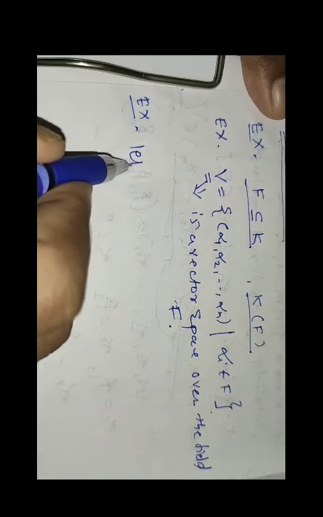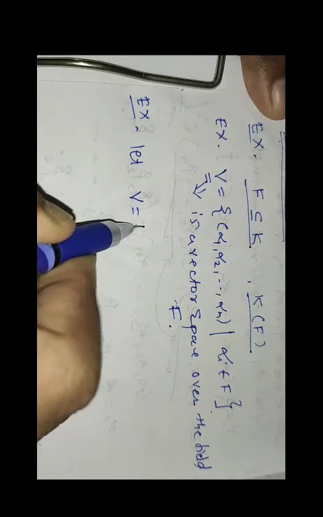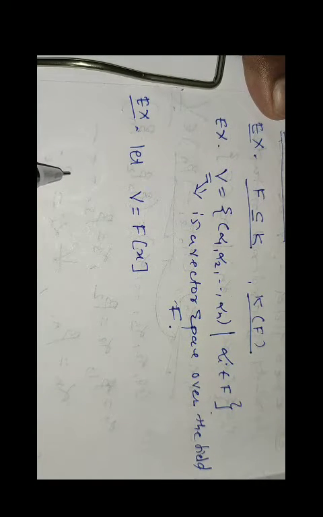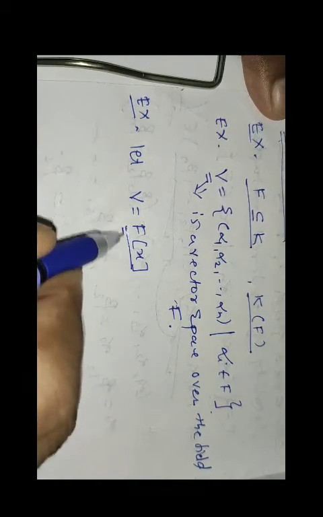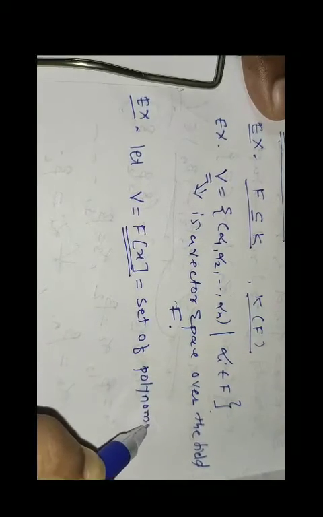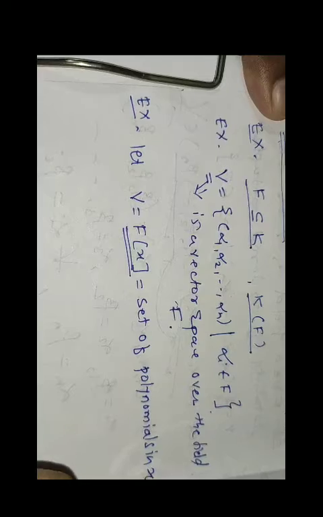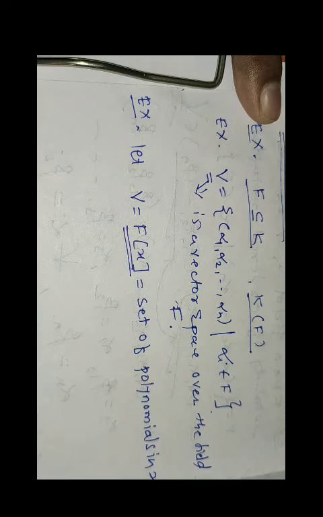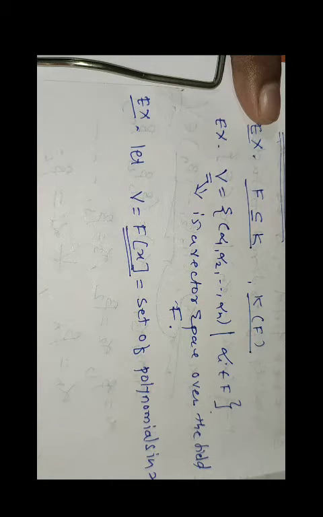Let V be the set of polynomials in X. What does this indicate? F of X means the set of polynomials in X. So this is the set of polynomials. F is any field.